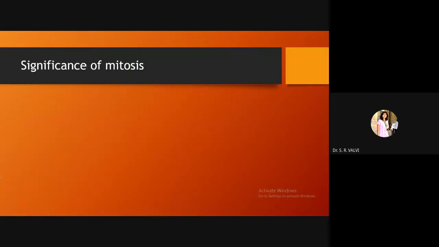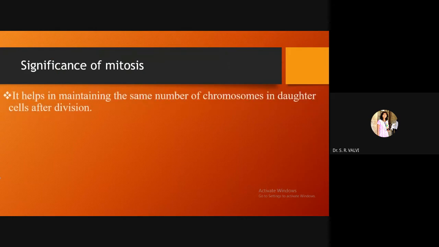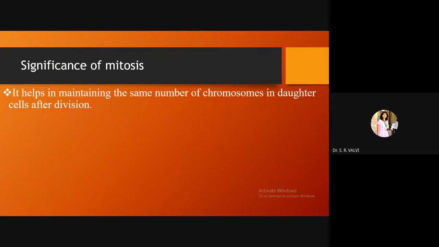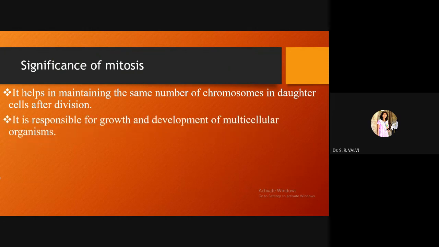So the last part of this chapter is the significance of mitosis. See here, it helps in maintaining the same number of chromosomes in daughter cells after division. It is responsible for growth and development of a multicellular organism, right? So as I have explained earlier, if the mother cell has 16 chromosomes, then it is going to form two cells which have 16 only.